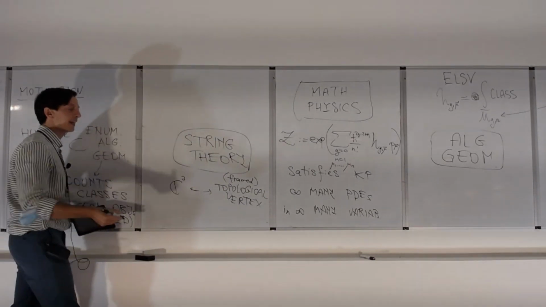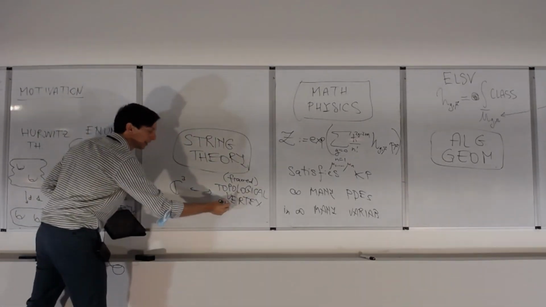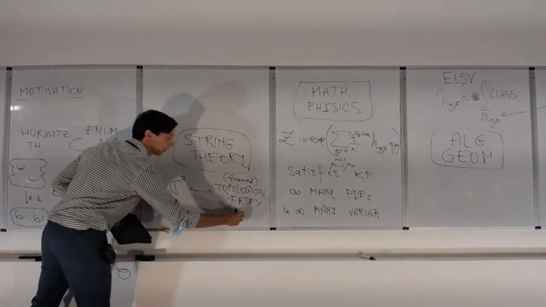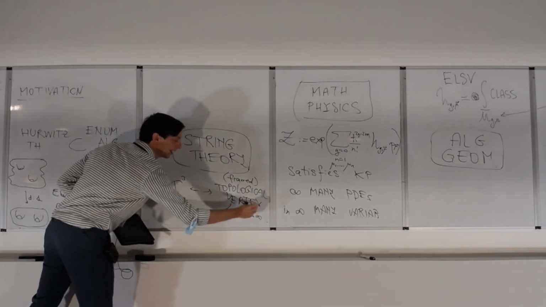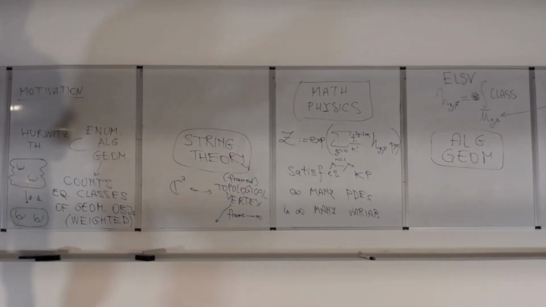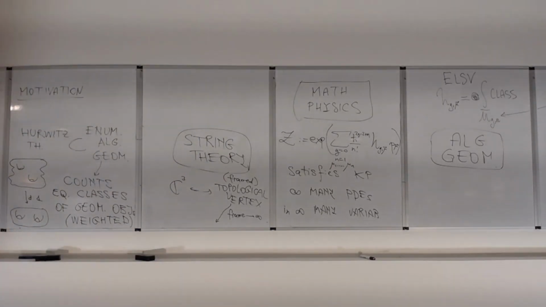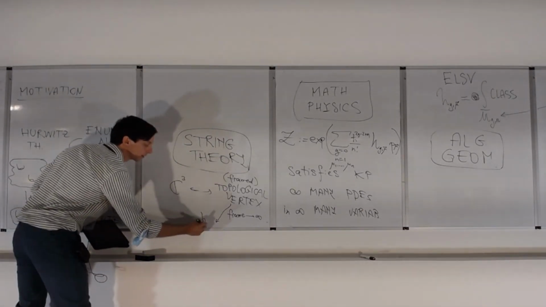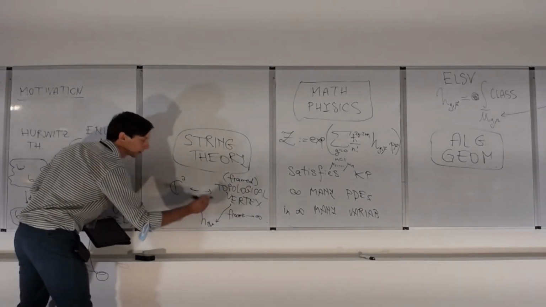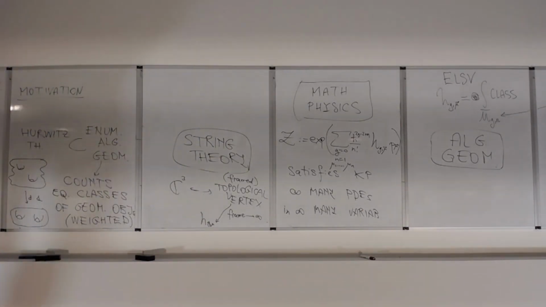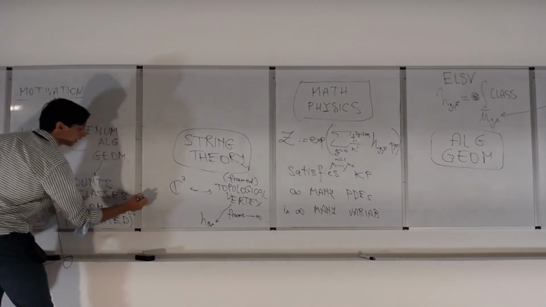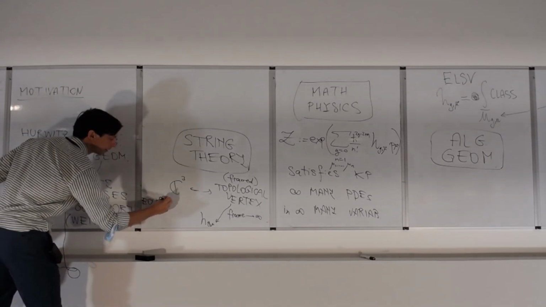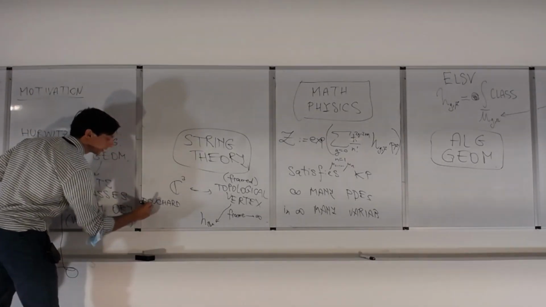And when you send this framing to infinity, so the framing, whatever it is, goes to infinity, then there was a conjecture by Marcos Mariño and Vincent Bouchard that says that if you do that, you find Hurwitz numbers. This was, let me write it here, the Bouchard-Mariño conjecture.